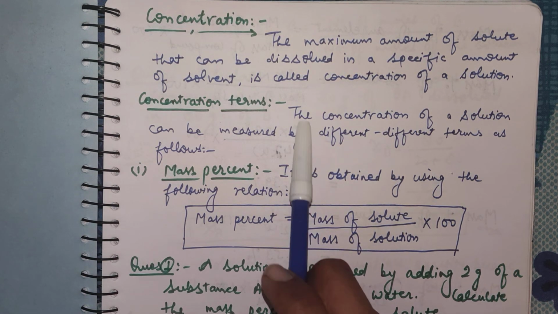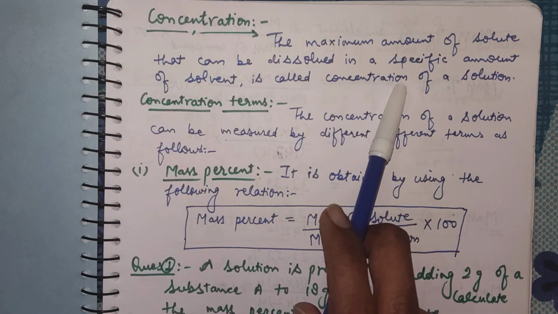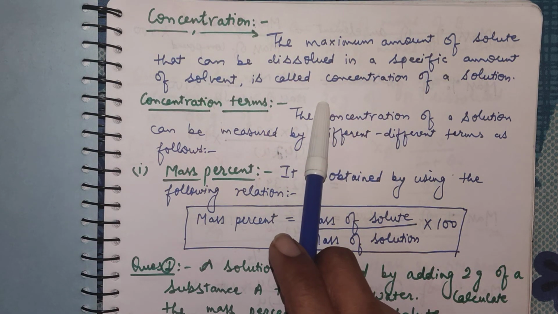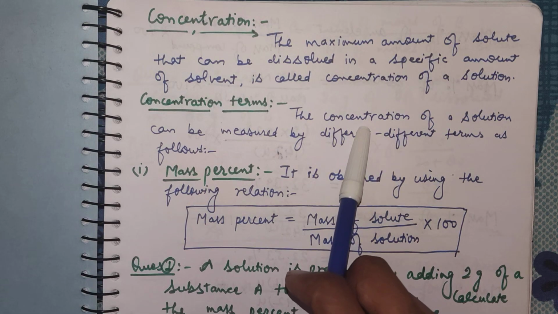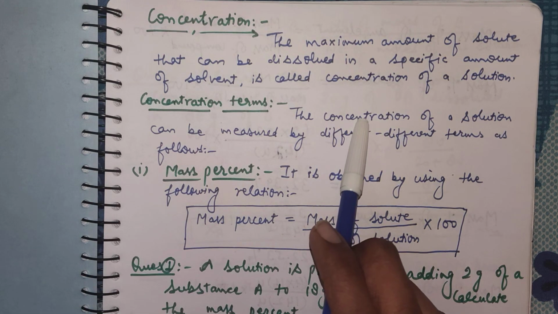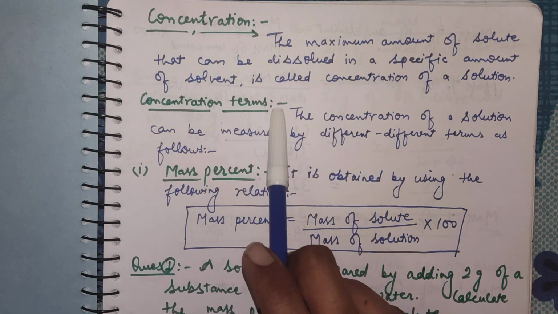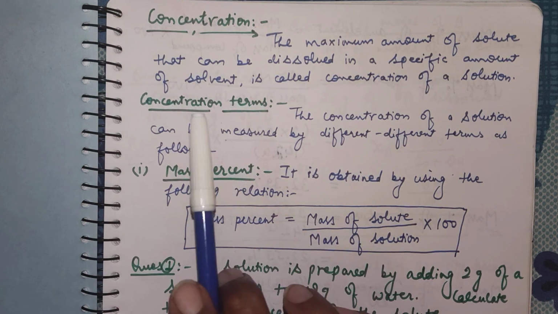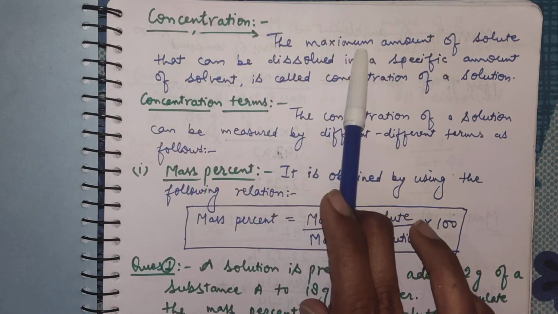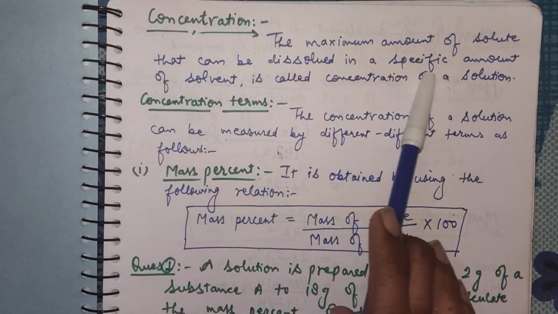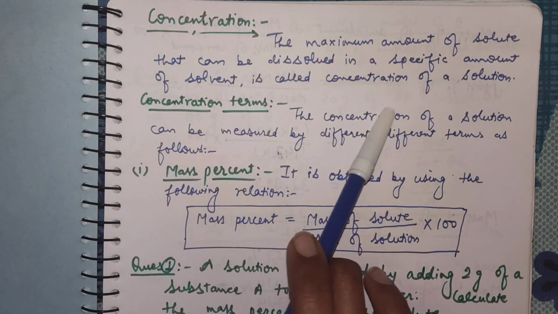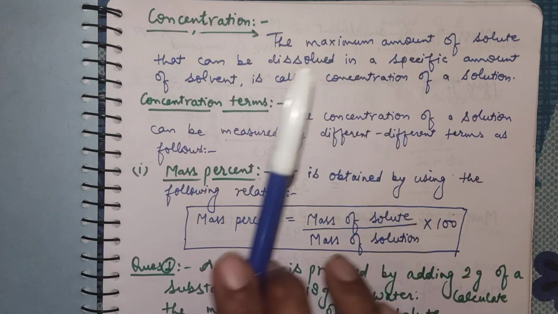The specific amount is 250 gram, which we set here. It can be variable, like 500 gram, 600 gram, 1 liter, whatever quantity of the solvent we fix. So the maximum amount of solute that can be dissolved in a specific amount of solvent is called the concentration of a solution.